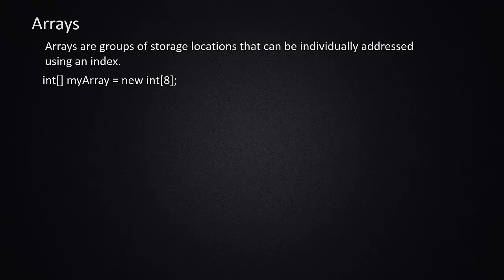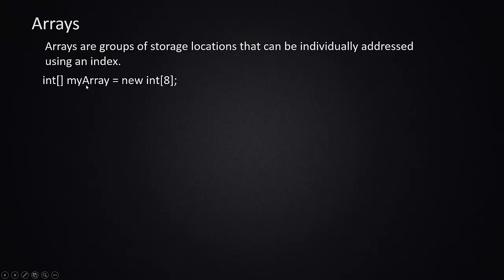So if I want to declare an array of integers called myArray here, I would use a format similar to this. You'll see the base type int is here, and you'll see that there are square brackets next to it. Those square brackets tell it that it's now going to be an array of integers.